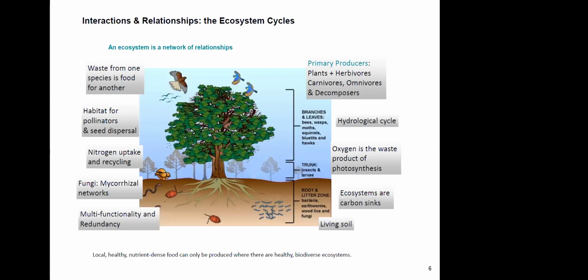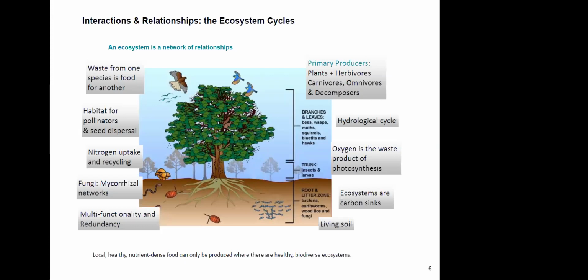So that very first essential relationship is that the waste from one species is food from another. And that feeds into the food chain, in which we have the primary producers, which are the plants, the trees. And then we have the herbivores, the carnivores, the omnivores, and the decomposers that recycle those nutrients again.